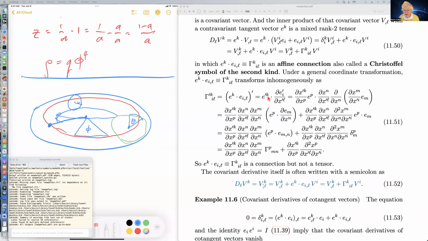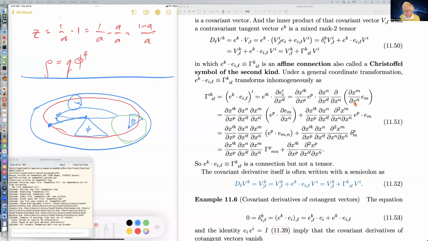And so this thing is a contravariant vector, so it transforms this way. This EI is a covariant vector, so it transforms this way. And this derivative, well, this is also a covariant vector, and it transforms this way. But what happens here is that this derivative hits that derivative, and then you get something that isn't part of a tensor.